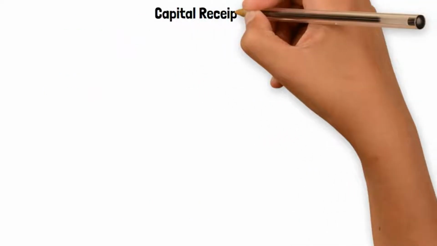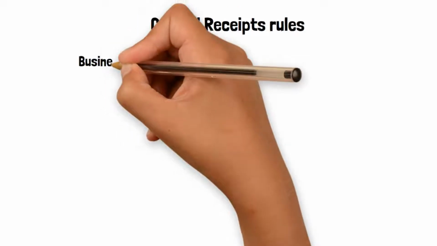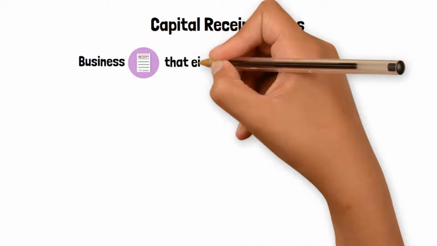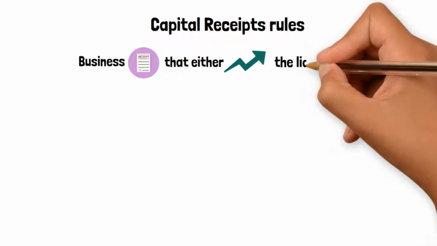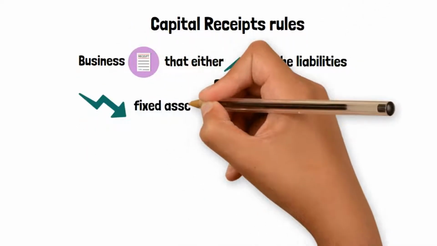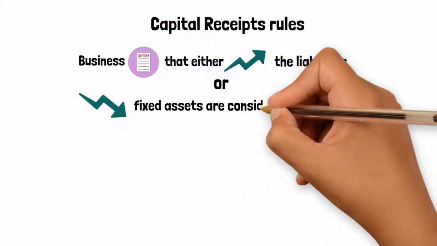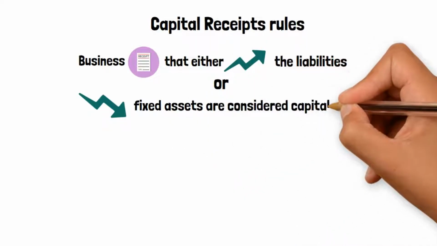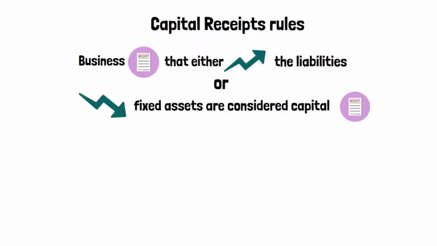Rules for capital receipt are: business receipts that either increase the liabilities of the business or reduce fixed assets are considered capital receipts.